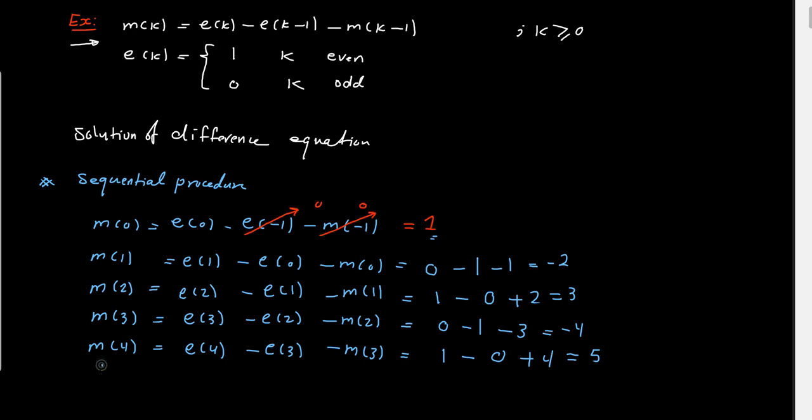So we can continue until a certain k, and this is what we call the sequential procedure.